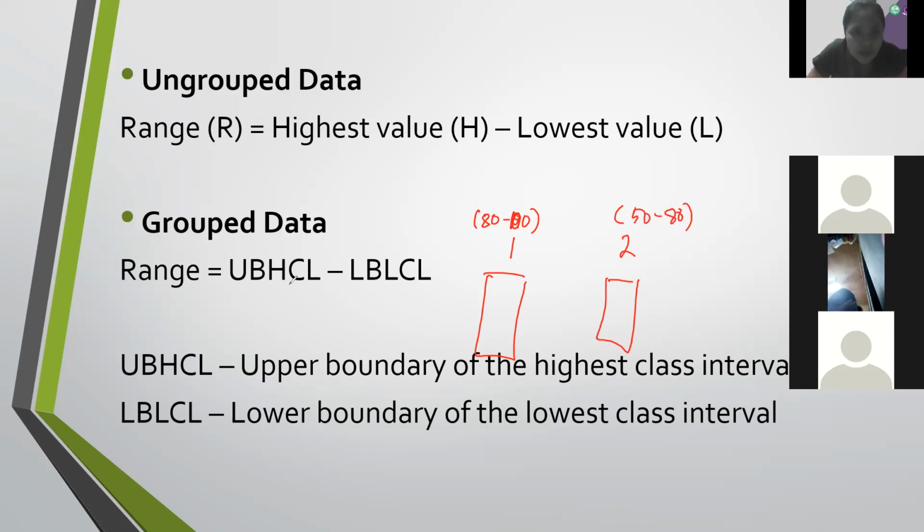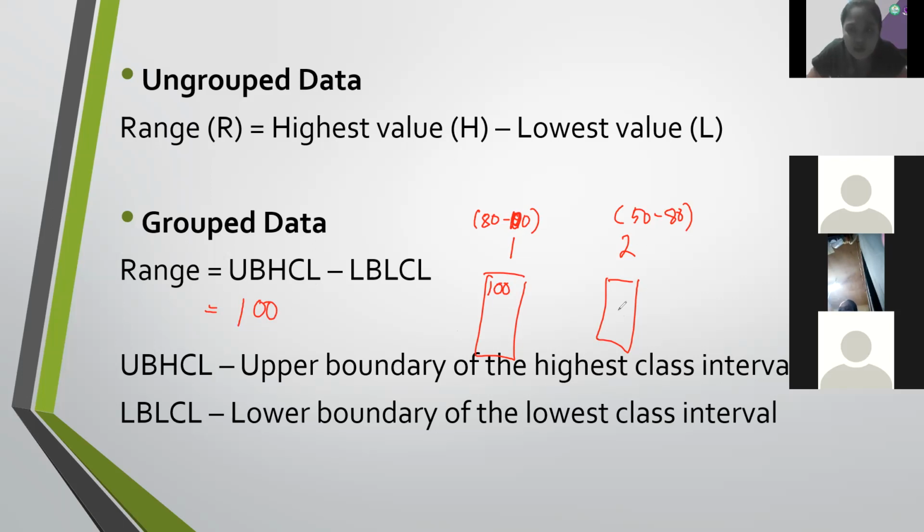So ang ginagawa, first you have to know the upper boundary of the highest class interval. Ito yung highest class interval natin, yung mga matataas ang score, and i-check mo muna kung ano yung pinakamataas na score sa grupo na ito. So kung may person ka na 100 talaga yung score, so yan yung magiging UBHCL, that's the upper boundary ng highest class interval.